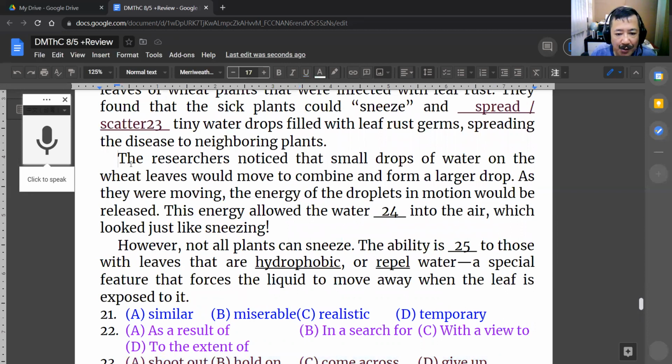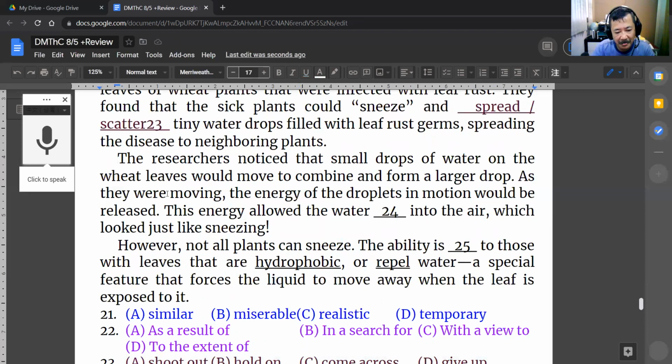The researchers noticed that small drops of water on the wheat leaves would move to combine and form a larger drop. As they were moving, the energy of the droplets in motion would be released.